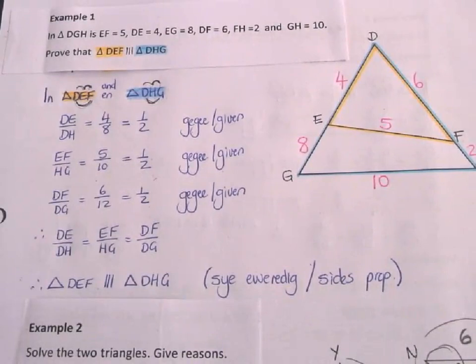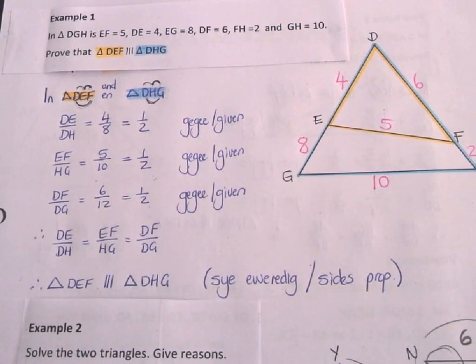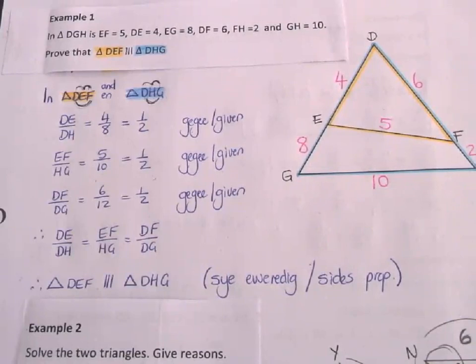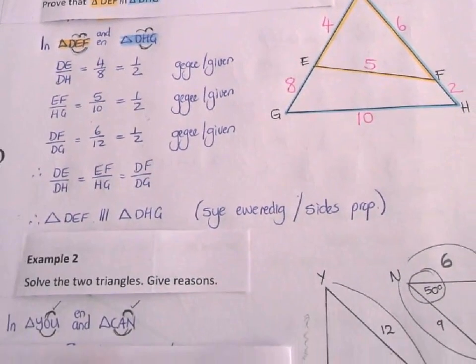Okay, then for example 2, you have to write a little bit smaller because example 2 has a lot to write. Can I carry on?